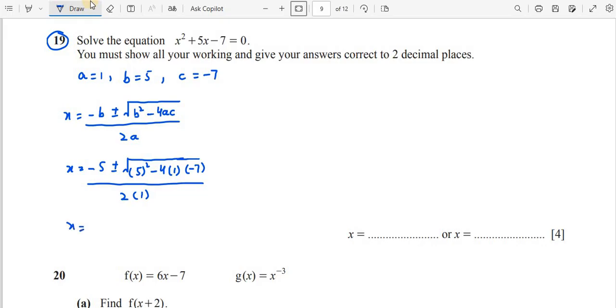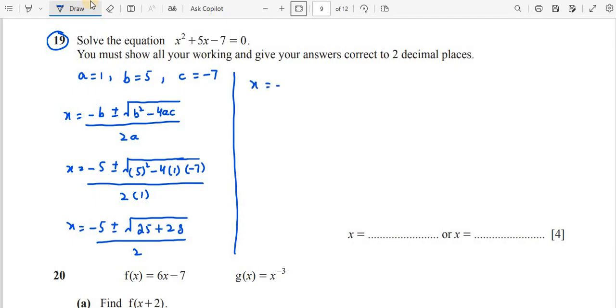So x is equal to minus 5 plus or minus the square root of 25, 5 squared is 25, minus minus becomes plus, so 4 times 1 is 4 and 4 sevens are 28, over 2 times 1, which is 2.